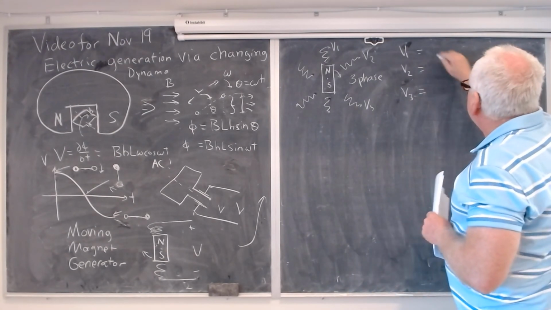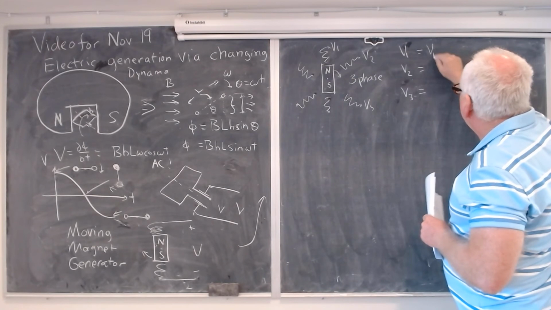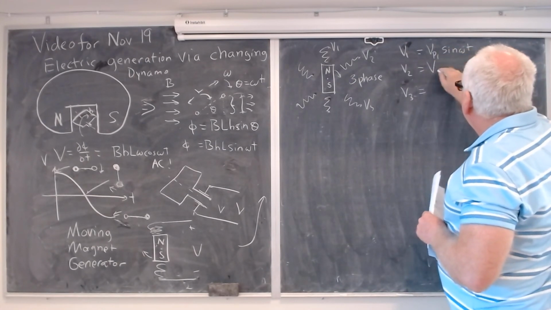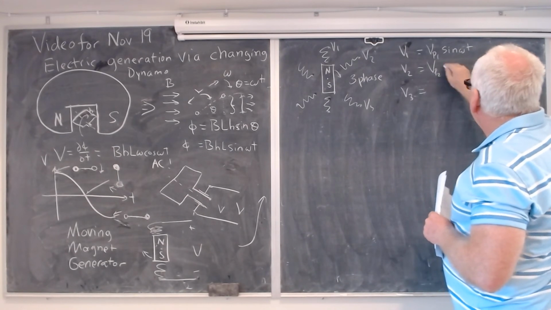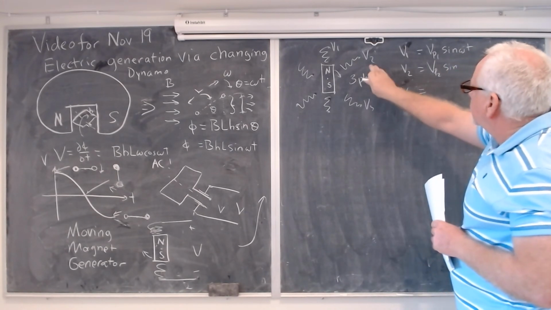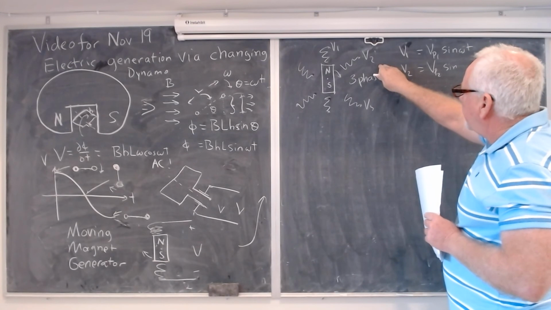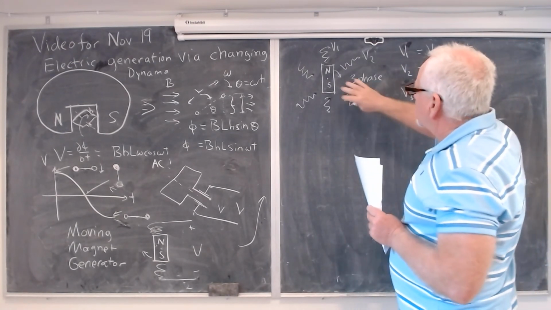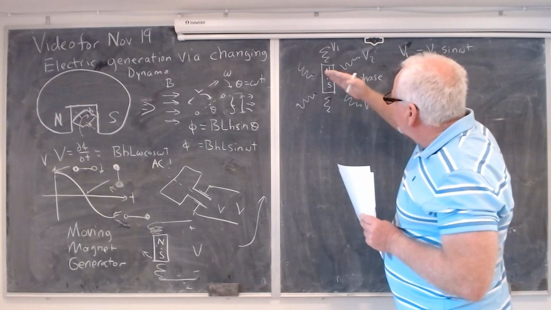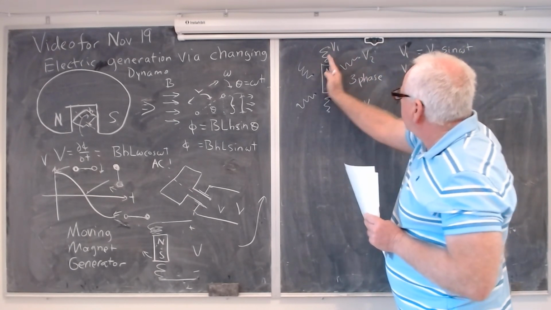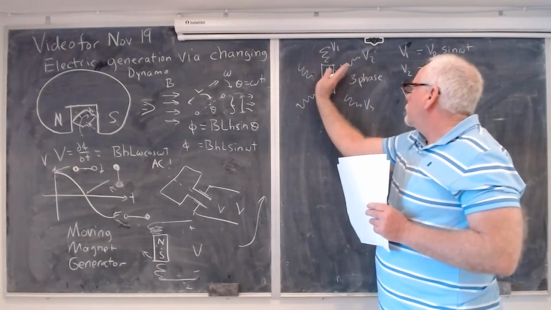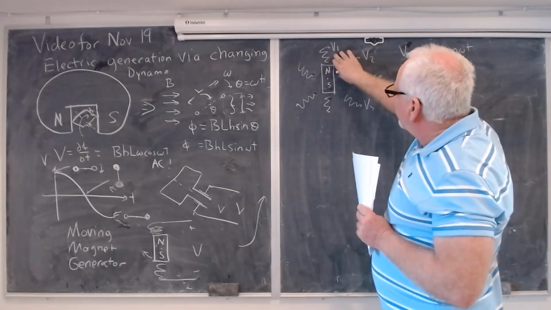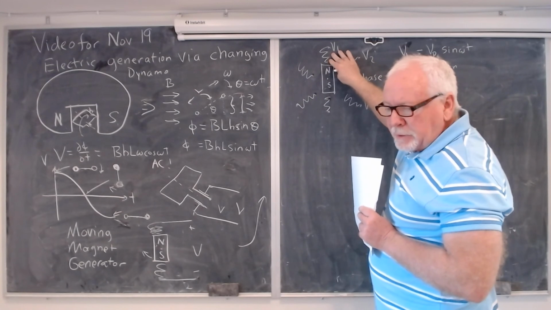Where V1 is equal to Vp1 sine omega t, Vp2. Now think about it, the next voltage is going to be out of phase. If this is 1, this is 2, and this is 3, and if I were to go to 4, I'd be back in the same place.